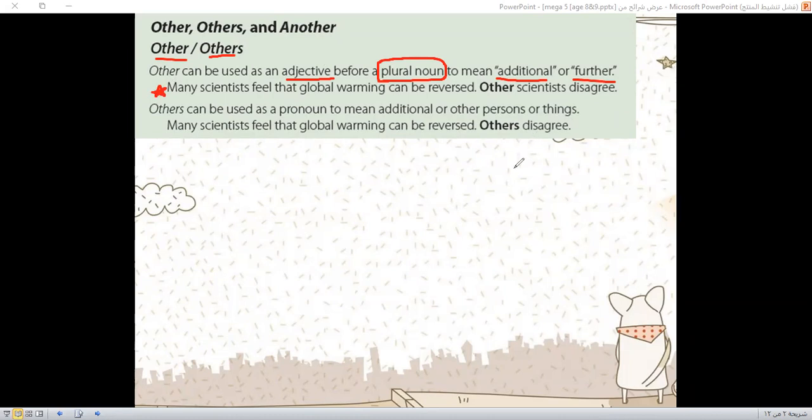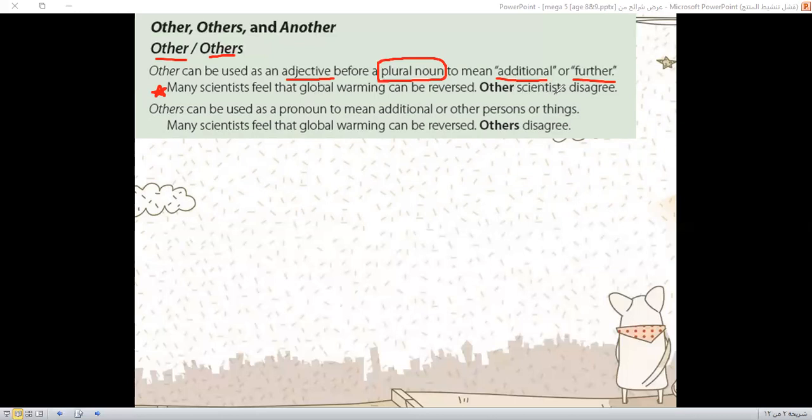Many scientists feel that global warming can be reversed.